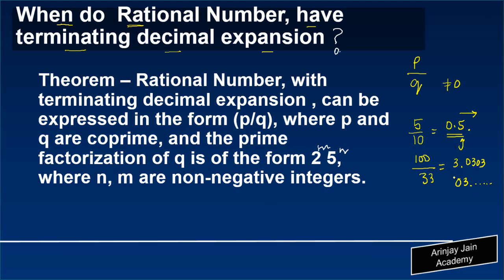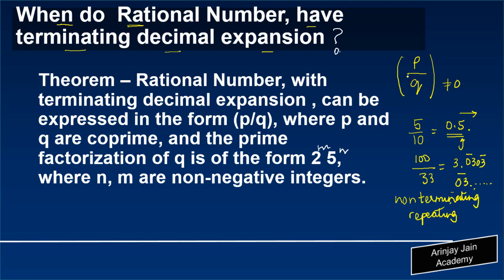So these are called non-terminating because they are not terminating. After the decimal there is no 0 or no end to it. And repeating, why repeating? Because if you see here, 03 is repeating itself a large number of times. Non-terminating, repeating decimal expansion.